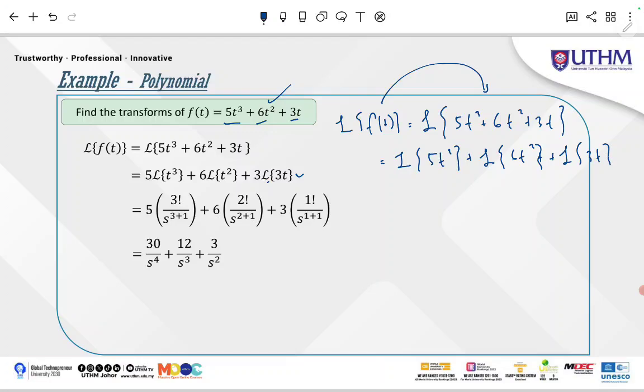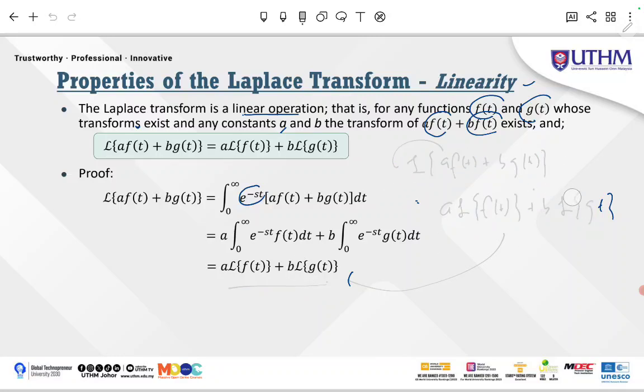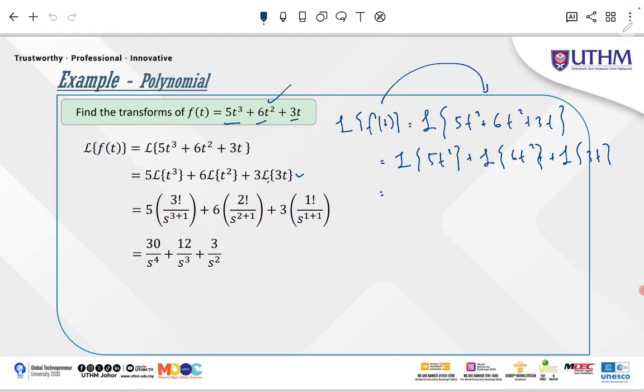And then, as in this definition, we can put the constants outside the Laplace. So here we got 5 Laplace of t to the power of 3 plus 6 Laplace of t to the power of 2 plus 3 Laplace of t.